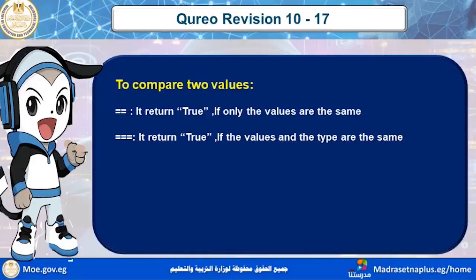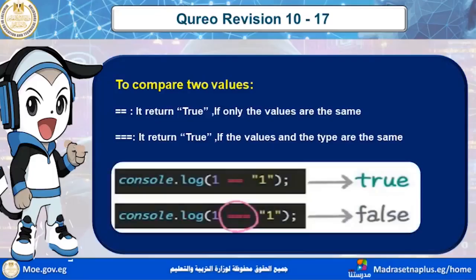It will return true if the values and the types are the same. So we use the double equals to return true if the two values are equal, and we use the triple equals to return true if the values and the data type are the same.